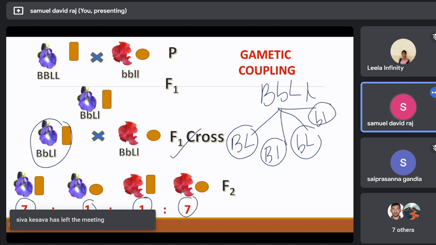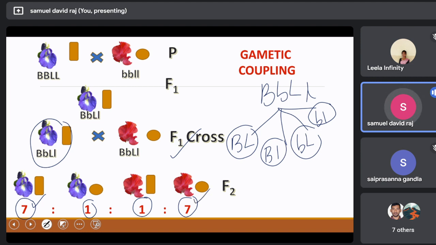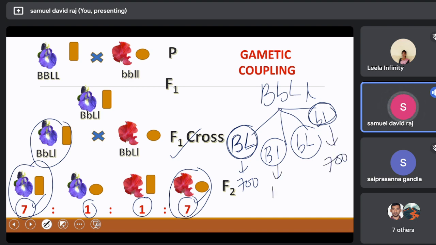And for these two, that means the parental combinations, blue long and red round, to come in more number, the gametes with blue long should be more in number. The gametes with red round should be more in number, and the others should be less in number.